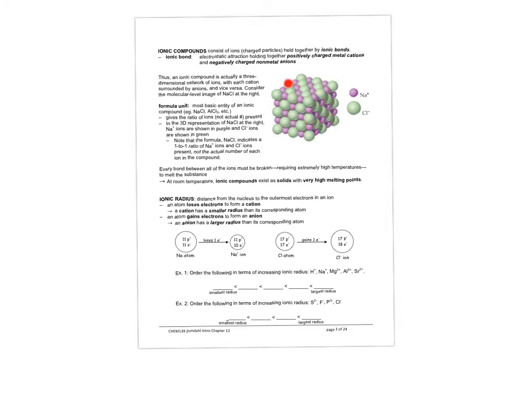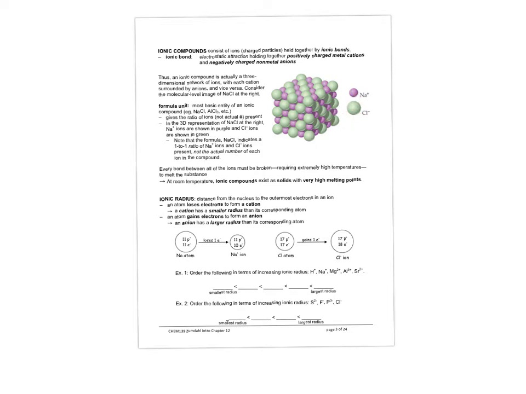And why is it that sodium chloride, if you look at it in your palm, is a cube? It is such because the atoms line up in such a way that the positives and negatives attract, and the negatives that repel each other are as far away as they can be and still be attracted to the positive charges. So it's a kind of three-dimensional representation of the sodium and chlorine ions combining with one another.